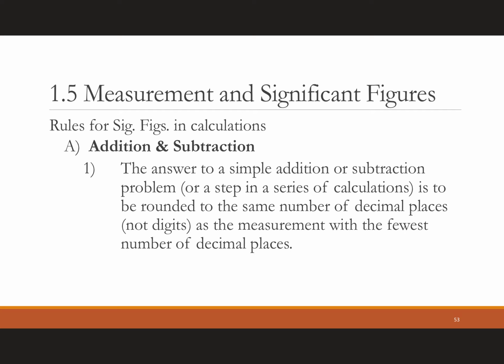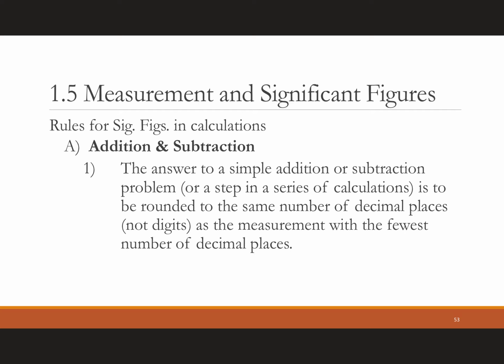Now we're going to talk about calculations. We have, I would say, 3 types of calculations we'll do throughout this course and subsequent courses. You'll have addition and subtraction being one of them, multiplying and dividing will be the second, and then logarithms and exponents will be the third. The rules for adding and subtracting will be the same because they're the same level of hierarchy of operations in mathematical calculations.